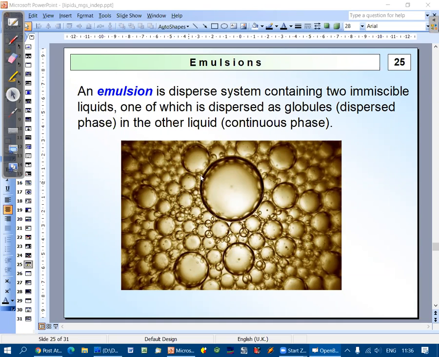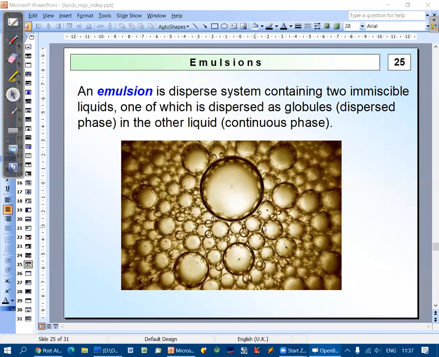So emulsions. Emulsion is a system that consists of two immiscible liquids. One of them will be dispersed as droplets, and it will be dispersed phase. And the other liquid will be continuous phase, in which these droplets will be evenly distributed.